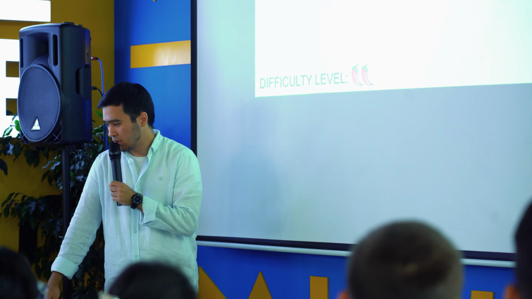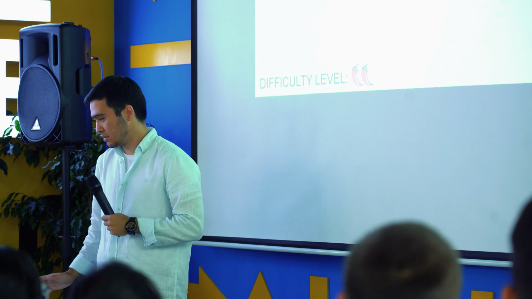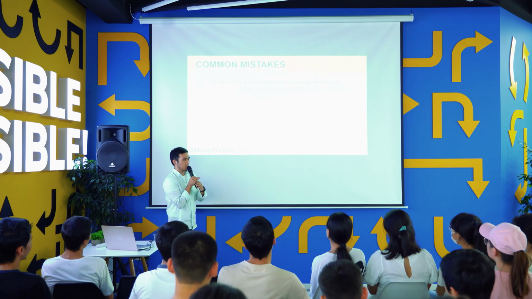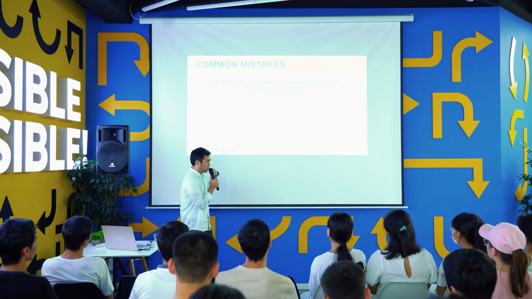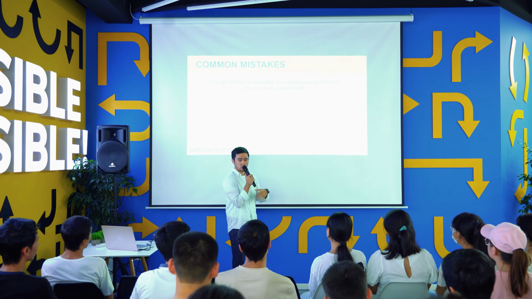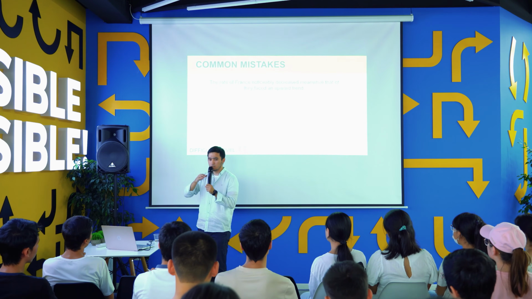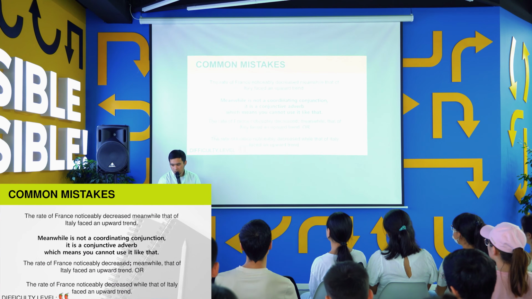Okay, another one. The rate of France noticeably decreased, meanwhile that of Italy faced an upward trend. Exactly. Meanwhile is a conjunctive adverb, like however, like moreover, right? You use it in the same way. You put a full stop or a semicolon before it, and then you put a comma, and then that's how you continue. Again, punctuation. So meanwhile is not a coordinating conjunction.